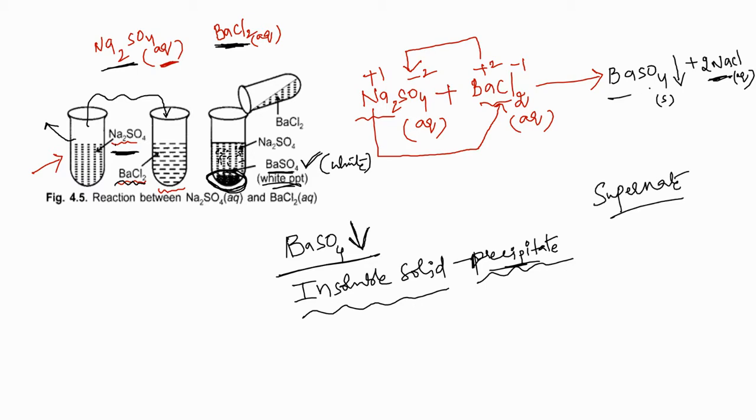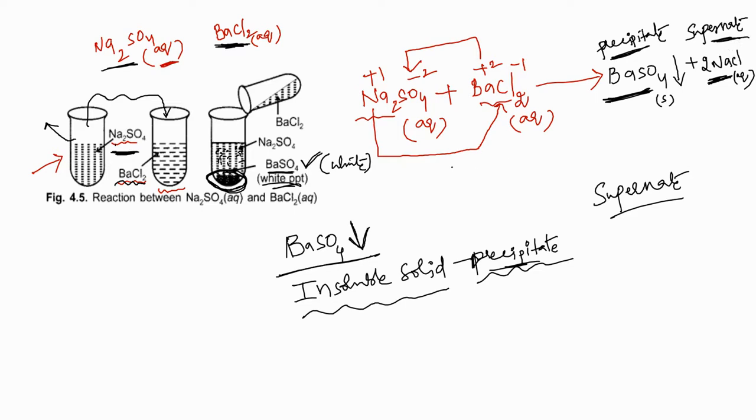So in this reaction, barium sulfate is the precipitate because it is an insoluble solid in the test tube, and sodium chloride is a watery-like substance, so you can use the word supernate. When you observe a precipitate reaction, along with the precipitate you will get supernate also.